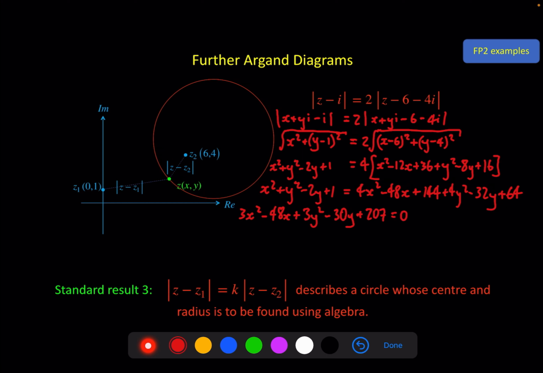If the numbers were a little bit more awkward, you would have to be very careful here, but in this case I can just divide everything by 3 to simplify it all very nicely. That will not always be the case. And then do your usual completing the square process.